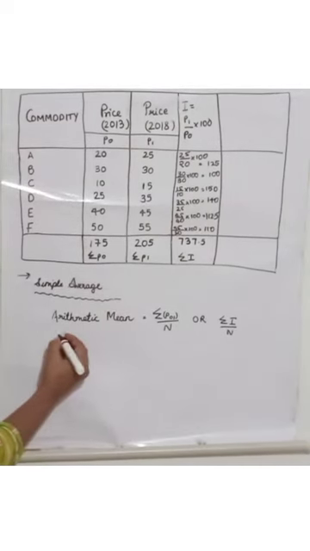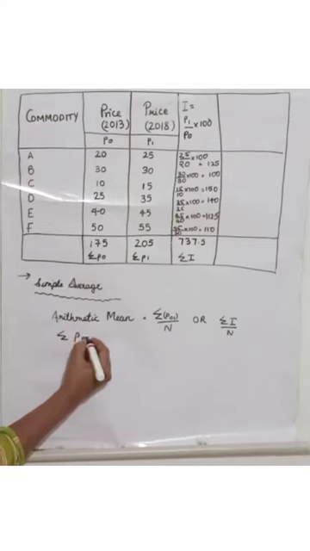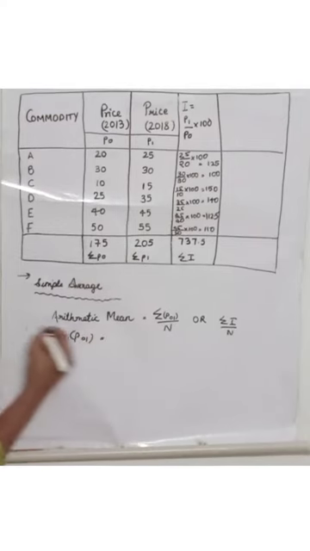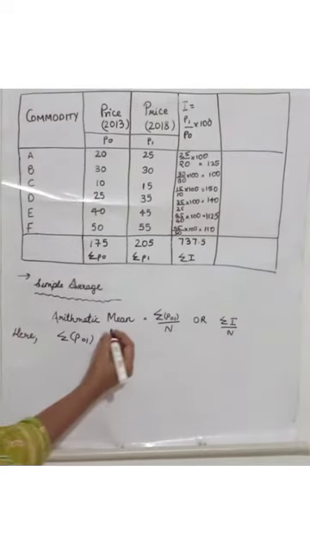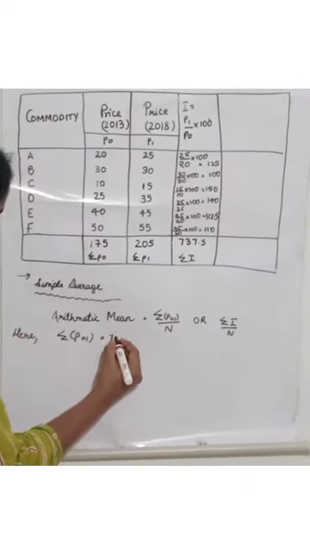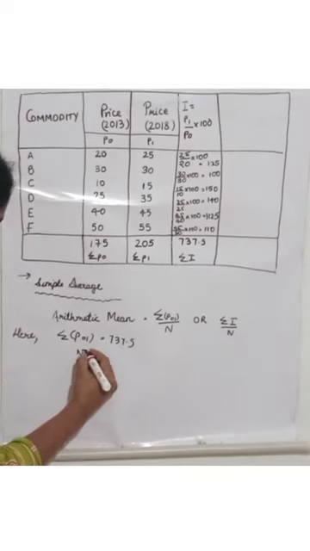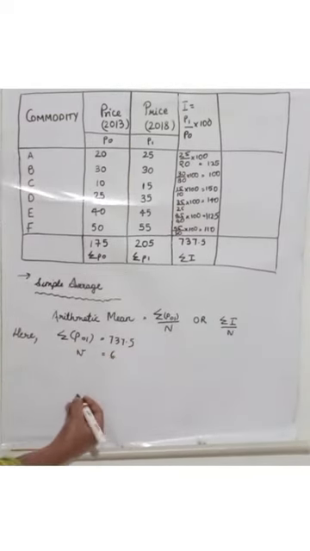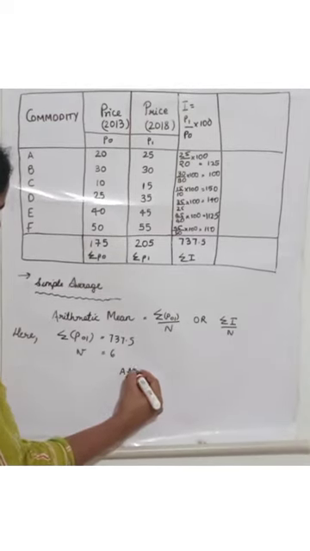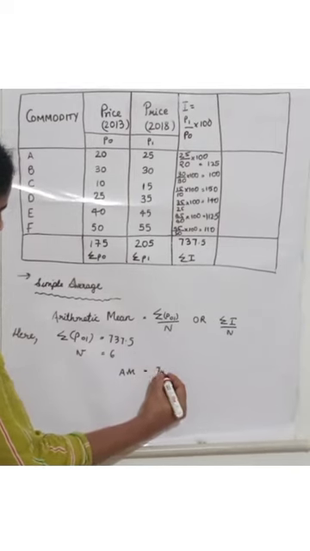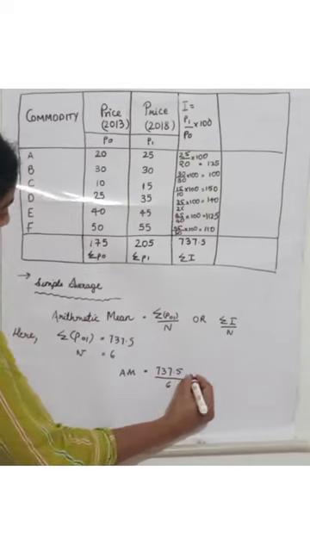So let us systematically write it. Summation of P01, we have it as 737.5. n is the number of commodities, 6. So in the formula of arithmetic mean, AM is equal to 737.5 upon 6.